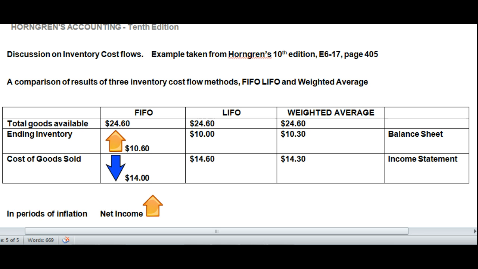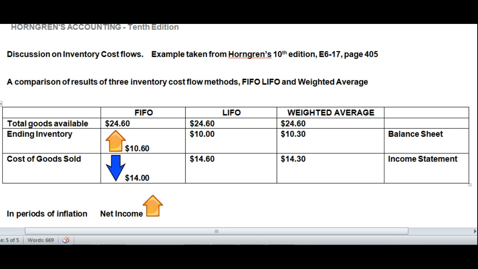If cost of goods sold is smaller, net income is going to be greater when using FIFO compared to LIFO or weighted average, because cost of goods sold is shown on the income statement, and it's less for FIFO because it includes older items. It's more for LIFO because it's the last items that were purchased for a more expensive amount in a period of inflation. And again, weighted average always comes somewhere in between.